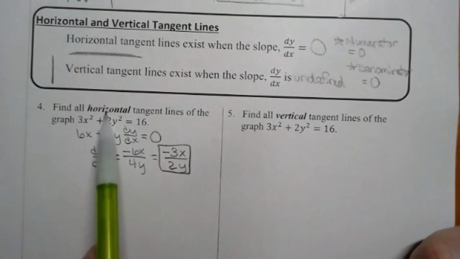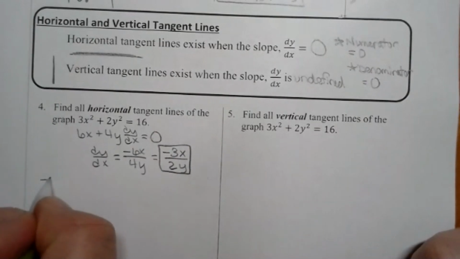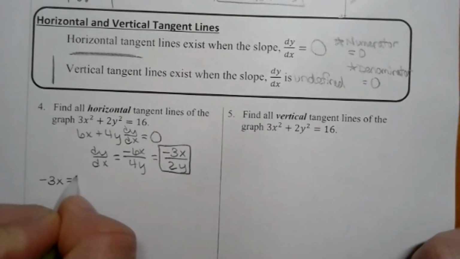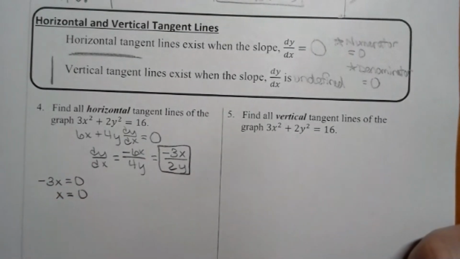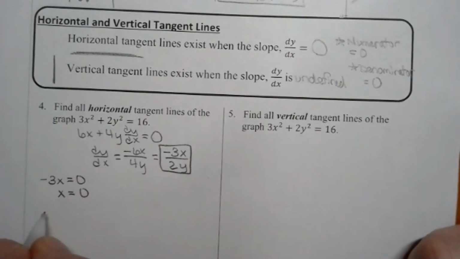So it's going to have a horizontal tangent line when negative 3x equals 0, which is when x equals 0. Oh, but it's horizontal. So if x equals 0, then that means that 3 times 0 squared plus 2y squared equals 16.